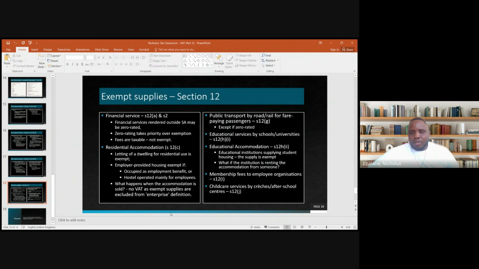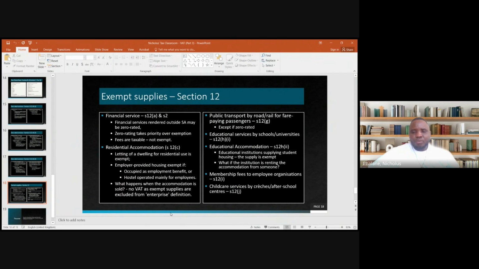So what happens there? Obviously, the person who owns this accommodation, the accommodation would be commercial accommodation. So they are going to levy VAT on the transaction, right? So the rentals that they are charging to the institution would include VAT implications, right?